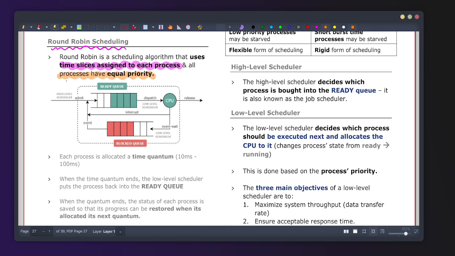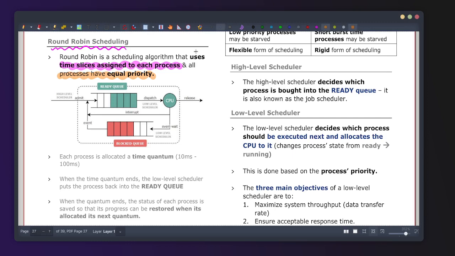Each process is given the same time. The process either executes in that time and finishes, or if it can't finish in that time, it will go back to the ready queue and wait to get more time. It's a very democratic process where each incoming process gets an equivalent amount of time and has equal priority to execute in the CPU.